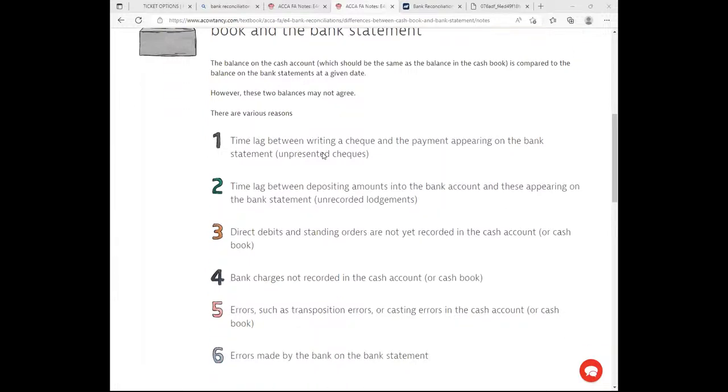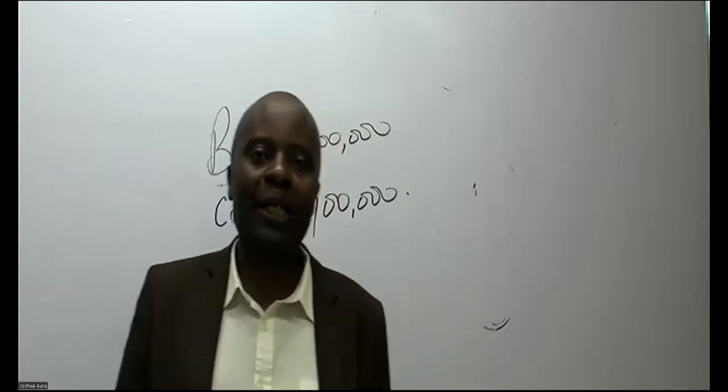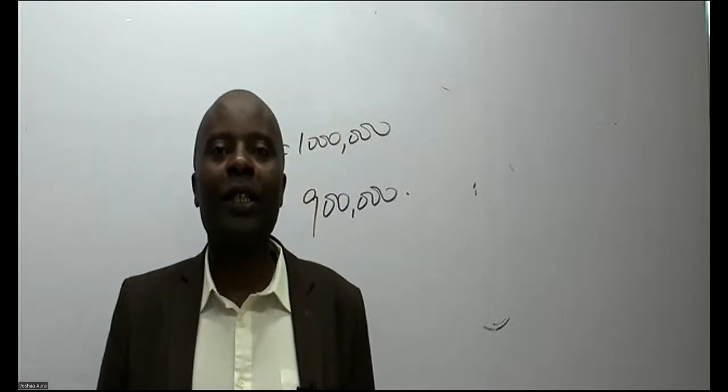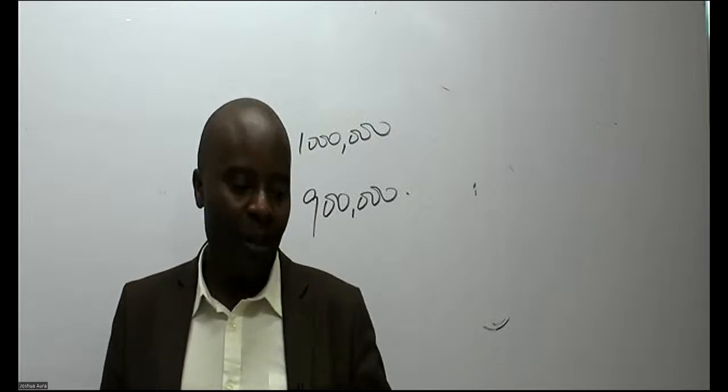We have the concept of time lag between writing a check and the payment appearing on the bank statement, what we call unpresented checks. These are secrets that I'm divulging here. When I give checks to my staff and even my suppliers at RCM Online College, there are some members of staff or suppliers you've paid, maybe on the 21st.